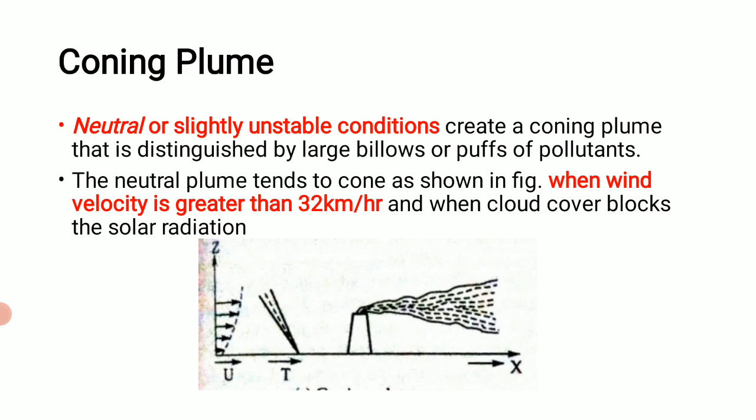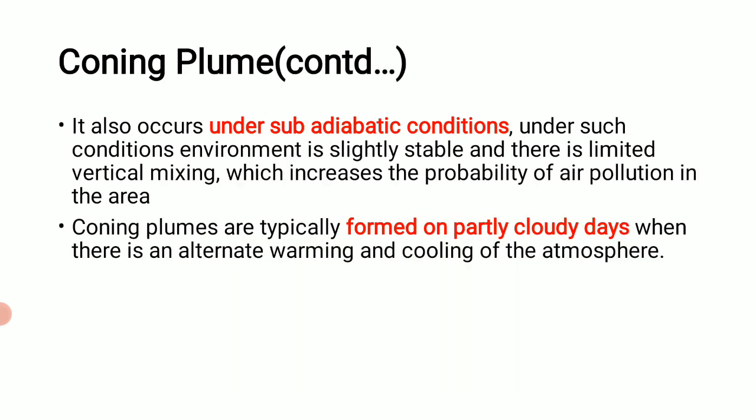Next one is conning plume. Conning plume happens when there is neutral or slightly unstable condition, when the wind velocity is greater than 32 km per hour and when cloud cover blocks the solar radiation. Under these conditions conning plume happens, and it also occurs under subadiabatic condition, that is, when a stable environmental condition exists or when the lapse rate is subadiabatic.